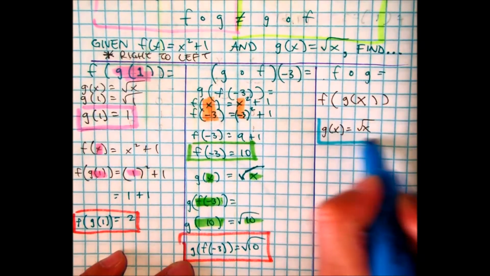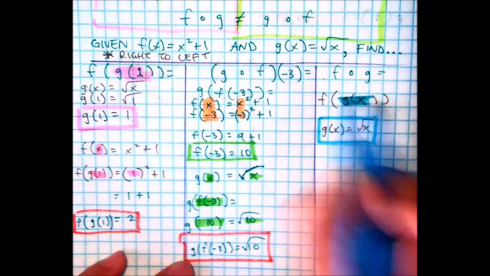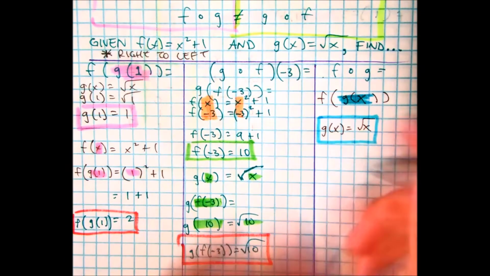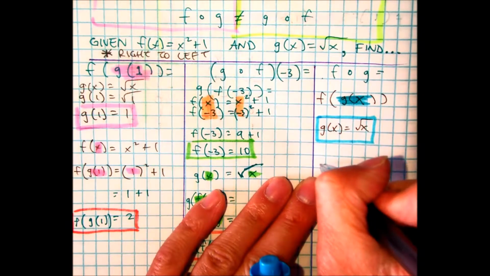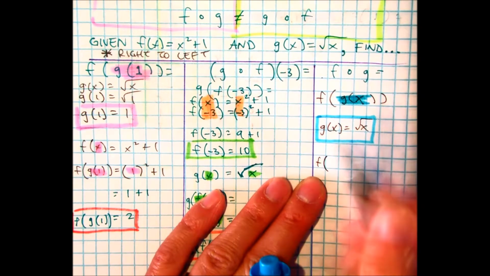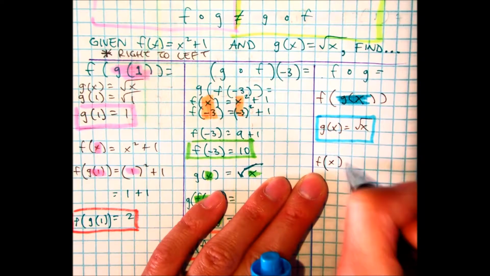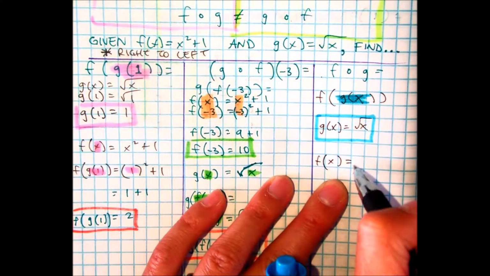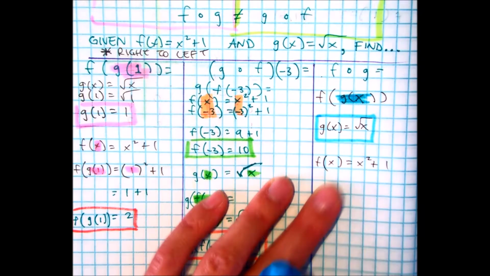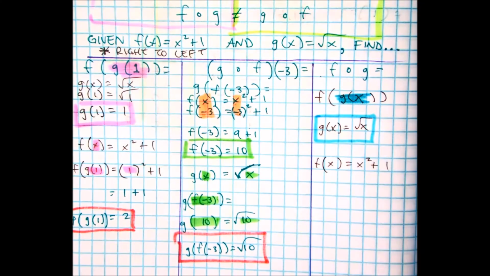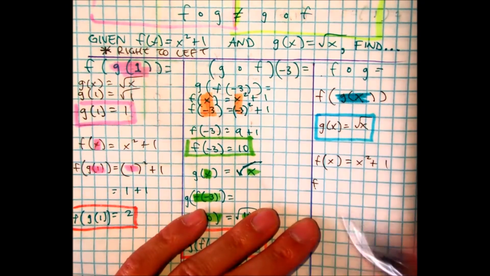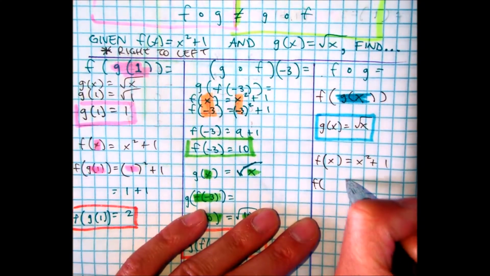Now, I can substitute that in there, right? Does that make sense, what we're putting there? So let's write down our function of x is x squared plus 1. And instead of writing x now, what are we going to write, class?